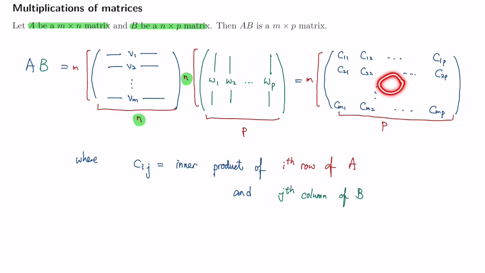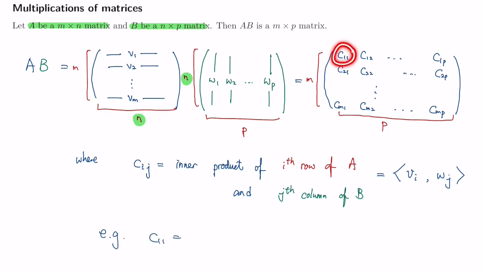That is by taking the inner product of the ith row and the jth column. Using a notation we learned last time, this is given by the inner product of phi i, comma Wj.